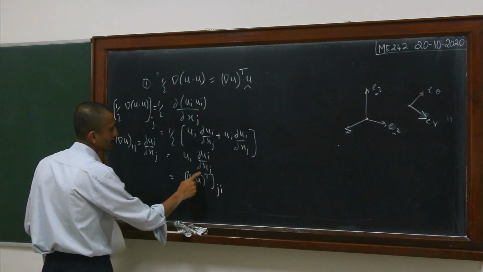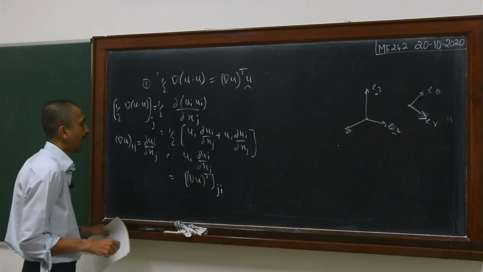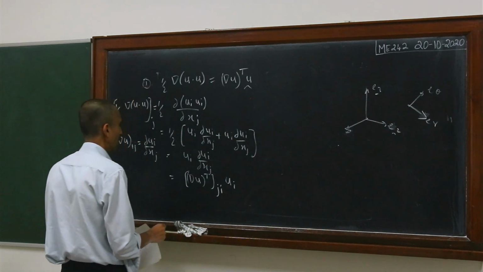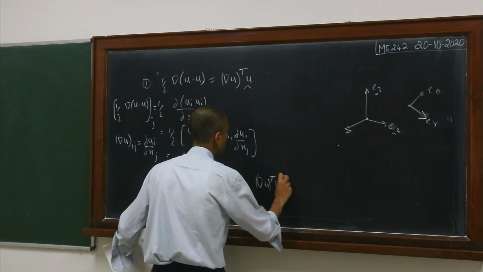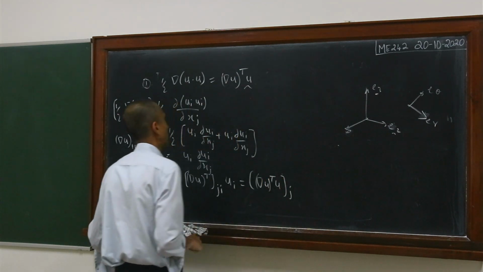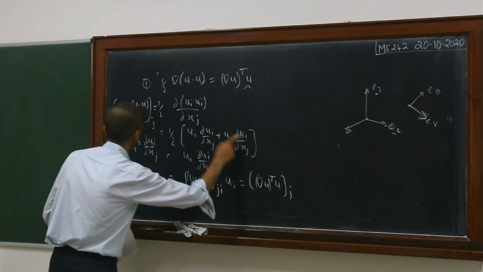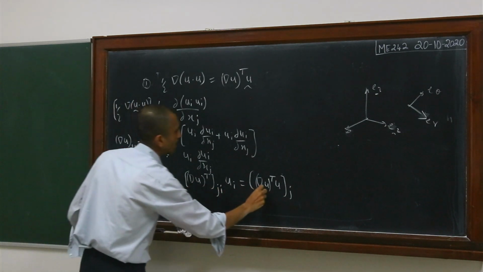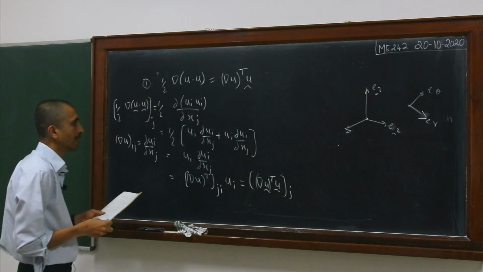So del ui by del xj can be written as the jith component of del u transpose, and then that times ui, correct? So this is equal to del u transpose times u, the jth component. So this is how you can write it. And so now the jth component, and this is the jth component. So you get that half of del of u dot u is equal to del u transpose times u. So this is the identity that we wanted to prove.